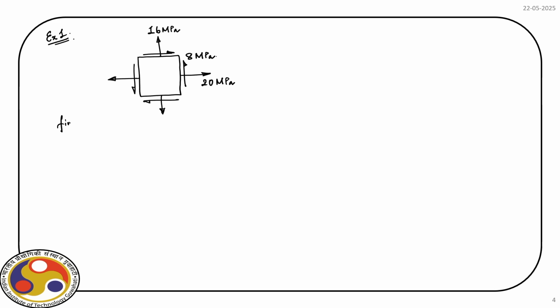Find sigma n and tau n acting on a plane at an angle 45 degree with positive x axis.